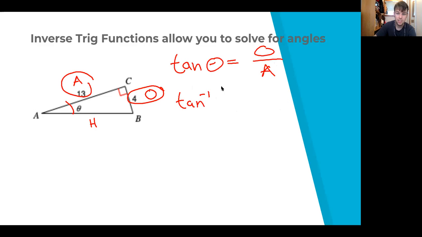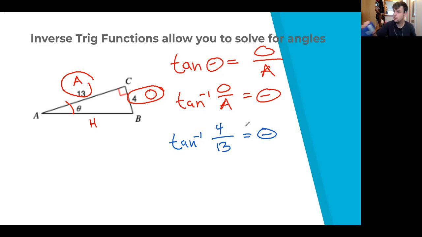So inverse tangent of opposite over adjacent is going to equal our angle. Notice again how the inverse trig function takes the input and output and switches them. That's what we mean by an inverse function in general, but the same thing applies to these trig functions that are inverses. So let's set up this equation really quickly. Tangent inverse of the opposite, which is 4, divided by the adjacent, which is 13, is going to equal our angle.